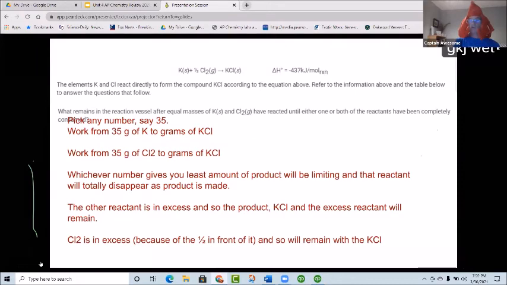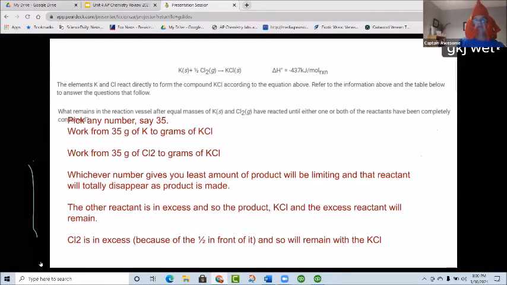So you would work a problem going from 35 grams of K to grams of KCl, the product, remember? And you work a problem from 35 grams of chlorine to grams of KCl, the same product. And then whichever number gave you the least amount of product is limiting. The limiting reactant means that one is used up.